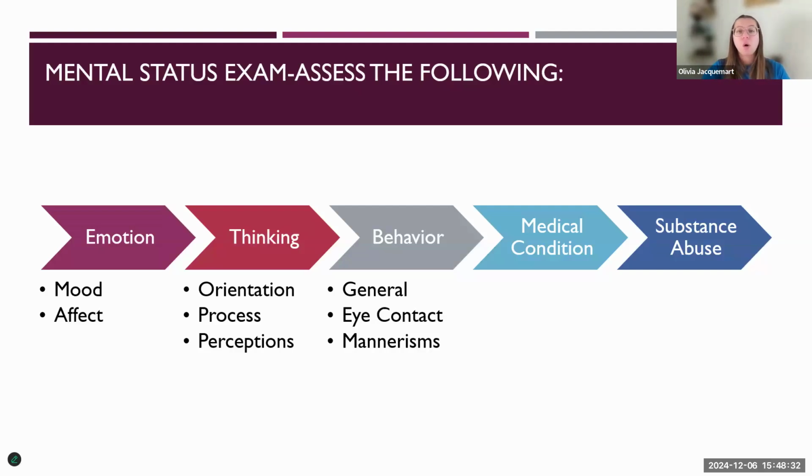We then want to make sure that we are also paying attention to things like their medical condition. Are there any new medical conditions that play a part in their mental health, as well as substance abuse? Any increased or changes in substance abuse? Within your note, you also want to make sure that you are addressing any extraordinary life events that could be changing the way that your client's needs are being presented.